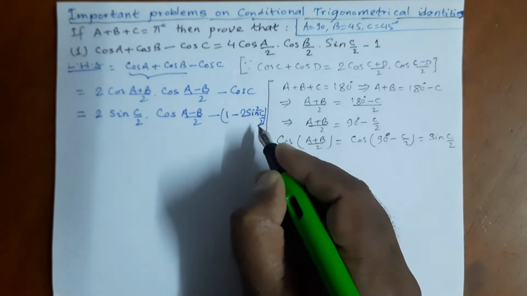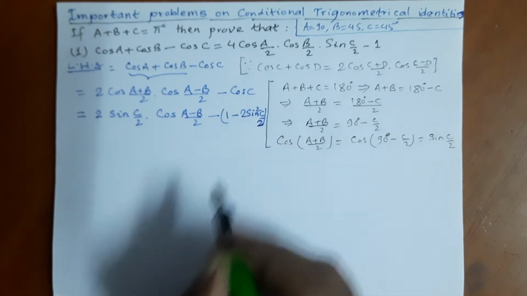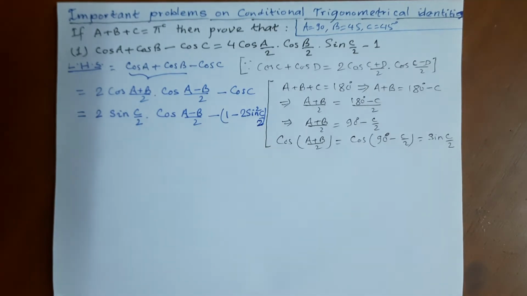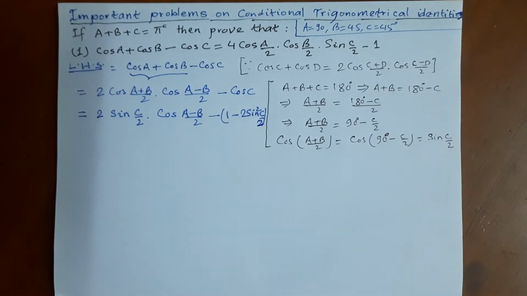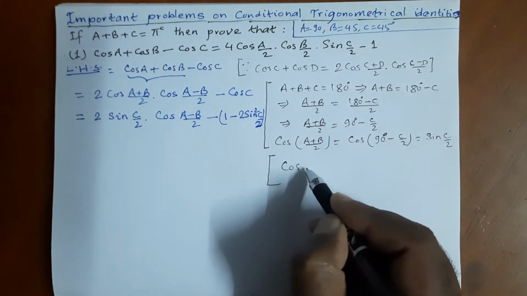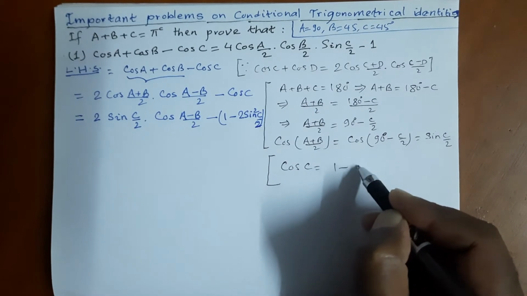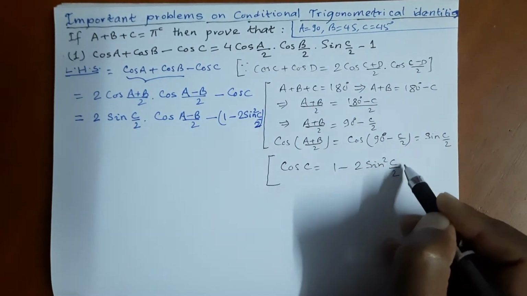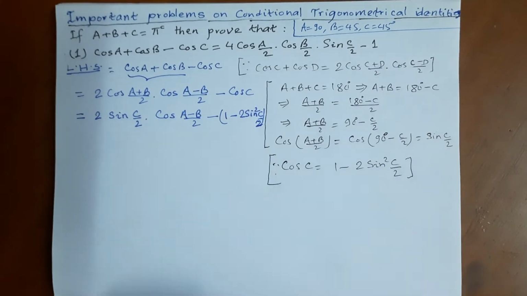I'll write that formula on the side: the formula of cos C is 1 minus 2 sine square C over 2.